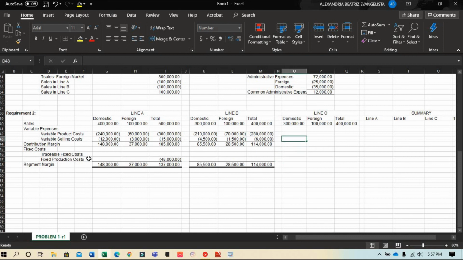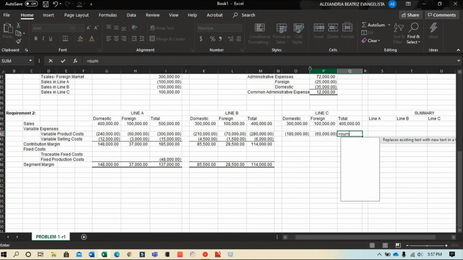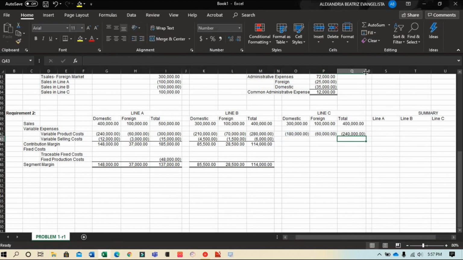There you go. Now let's proceed onto line C. For the variable production cost, it is 60% of sales for both markets. Okay, and then we get the total, which is 240,000.